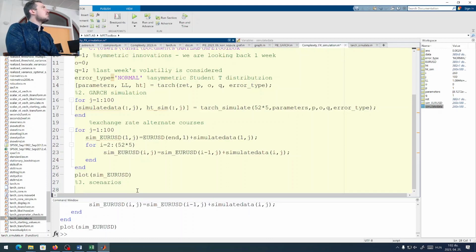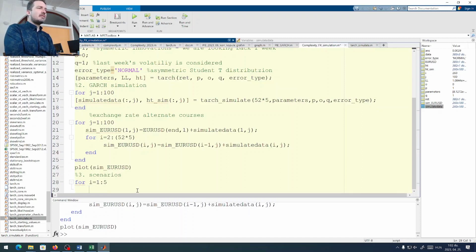Okay, so we have to go through for I equals, so practically we need year data for 5 years ahead.